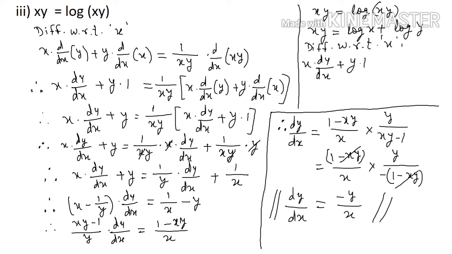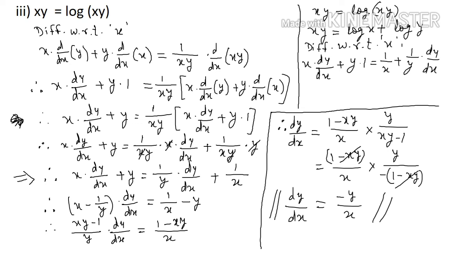Is equal to log x, derivative of log x will be 1 upon x plus derivative of log y will be 1 upon y into dy by dx. The same equation you have got over here. See, x into dy by dx plus y is equal to 1 upon y into dy by dx plus 1 upon x.